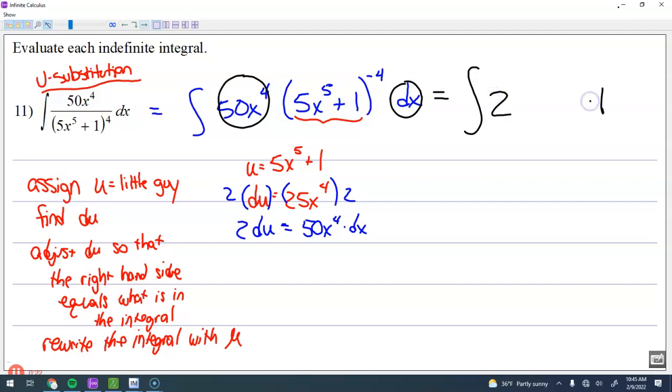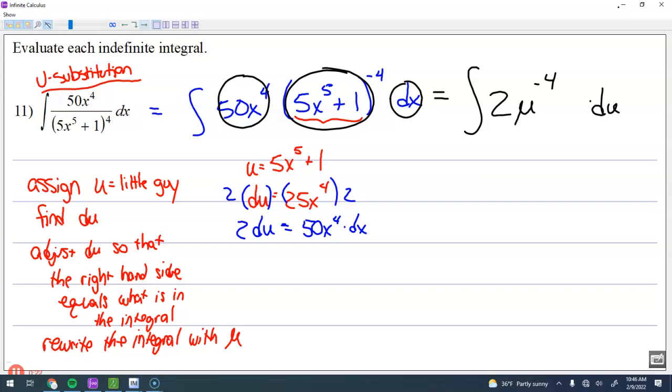Du, I'm just going to throw at the back. And this is no longer 5x to the fifth plus 1 to the negative fourth. It's u to the negative fourth. The hard part's done.